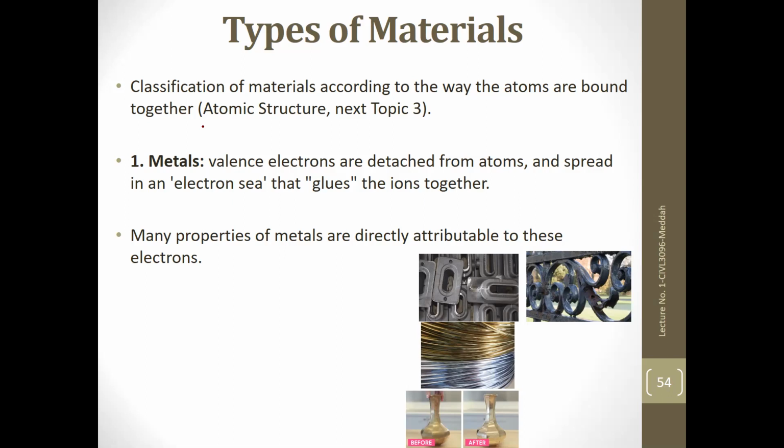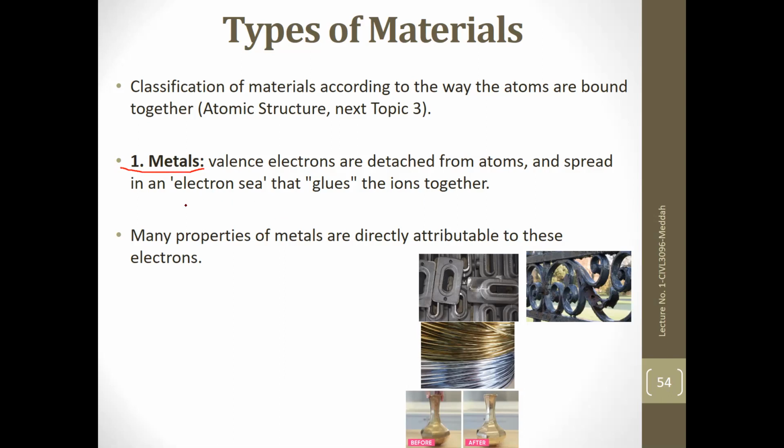So mostly the chemical bonding is the key parameter in the classification of materials. Metals, as we have seen, are the first category. Metals have metallic chemical bonding.